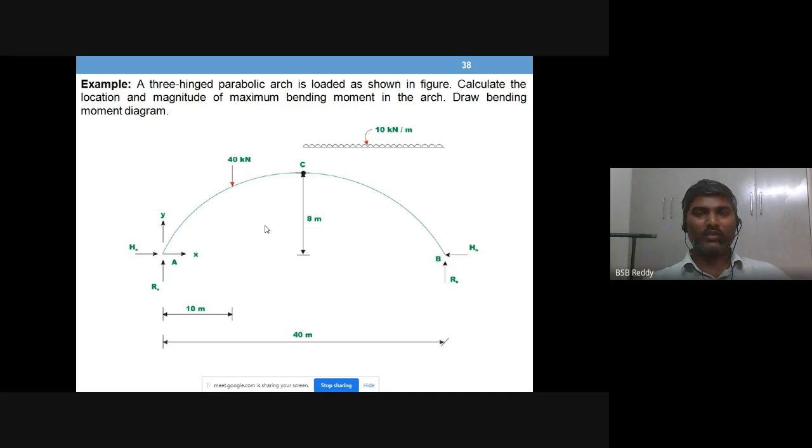And you know that the solution starts from the free body diagram of the full arch ACB, then writing three equilibrium equations. So that part we need to complete first.